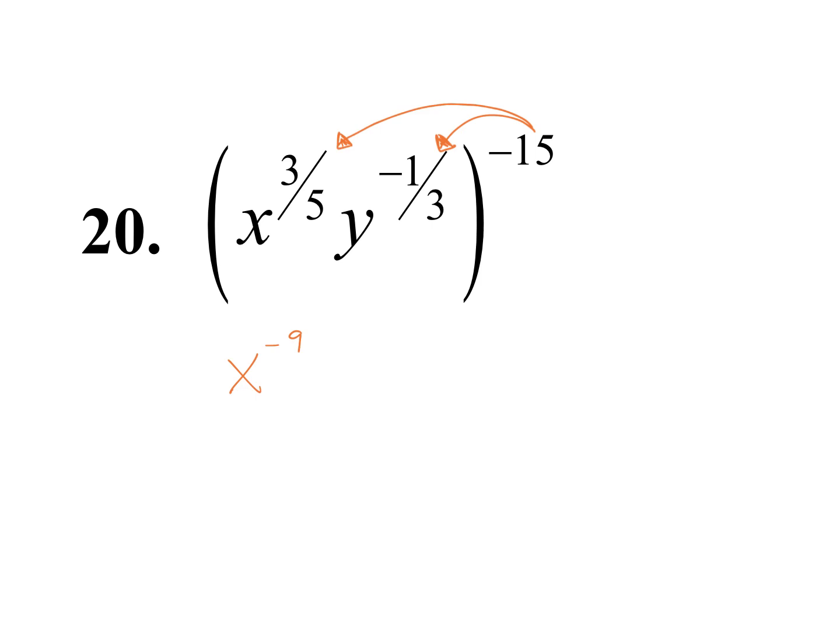Y to the -1/3 to the -15. So -1/3 times -15 is a positive 15/3 or a positive 5. Okay. And then you still need to simplify that one step further. So y to the 5th will be a numerator. X to the 9th is going to move down because of the negative. And that is your answer.